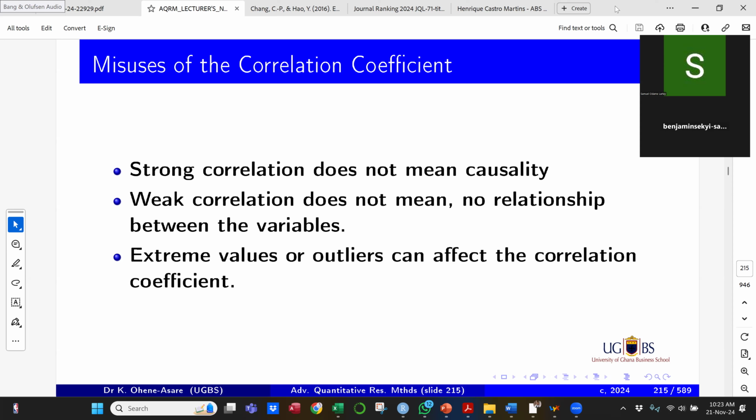Yes, sir. So we checked the correlation for sales here and sales there, and they were both high. The correlation was 90%. So you might be thinking that since there's high correlation, then there must be causality, which means that it is because people are buying things at Makola that sales have gone up at the restaurant.